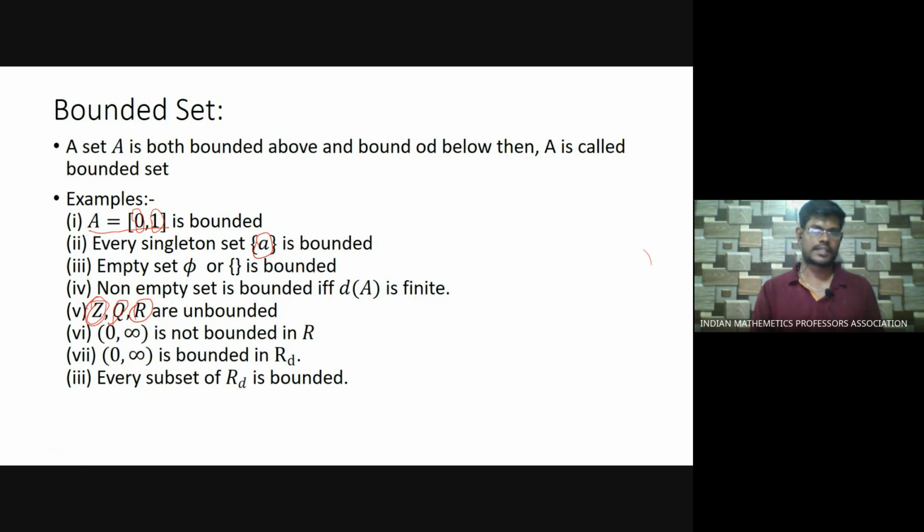The sixth one. Suppose the open interval (0, infinity) is not bounded in R. Here we can check the 0 and this is infinity. So there does not exist an upper bound.